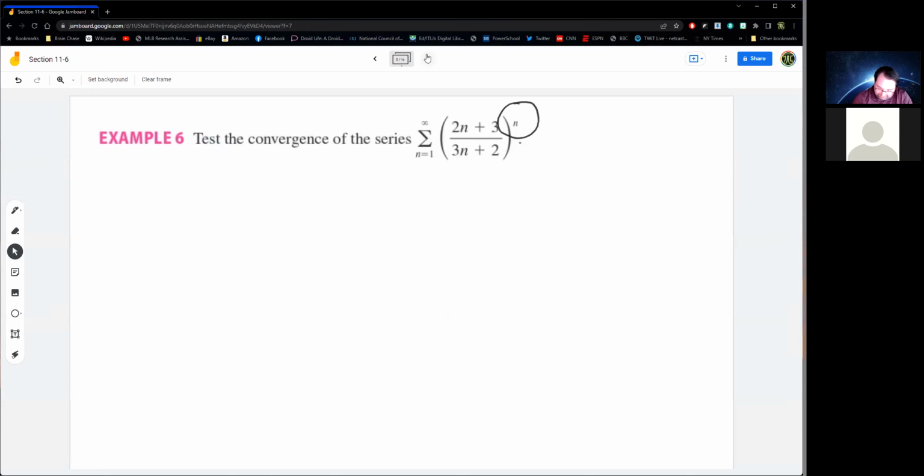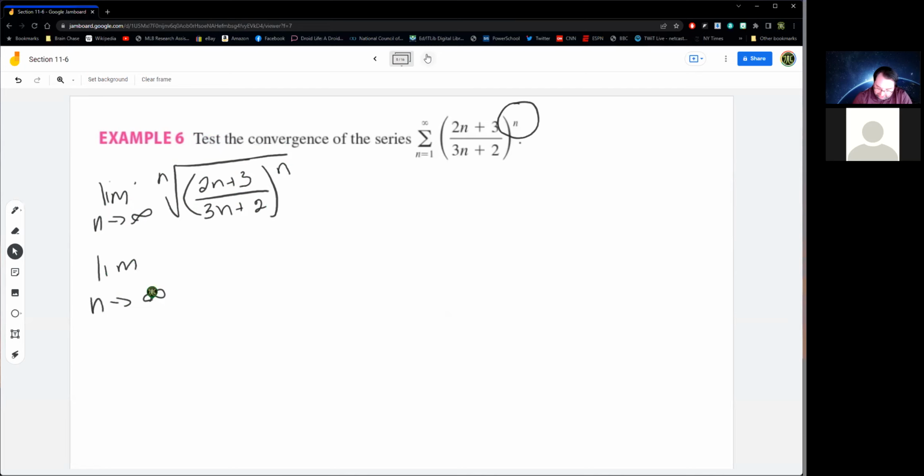So for this problem, I'm looking for the limit as n goes to infinity of the nth root of (2n plus 3 over 3n plus 2) to the nth power. Those two things are going to cancel out. So it's just 2n plus 3 over 3n plus 2.